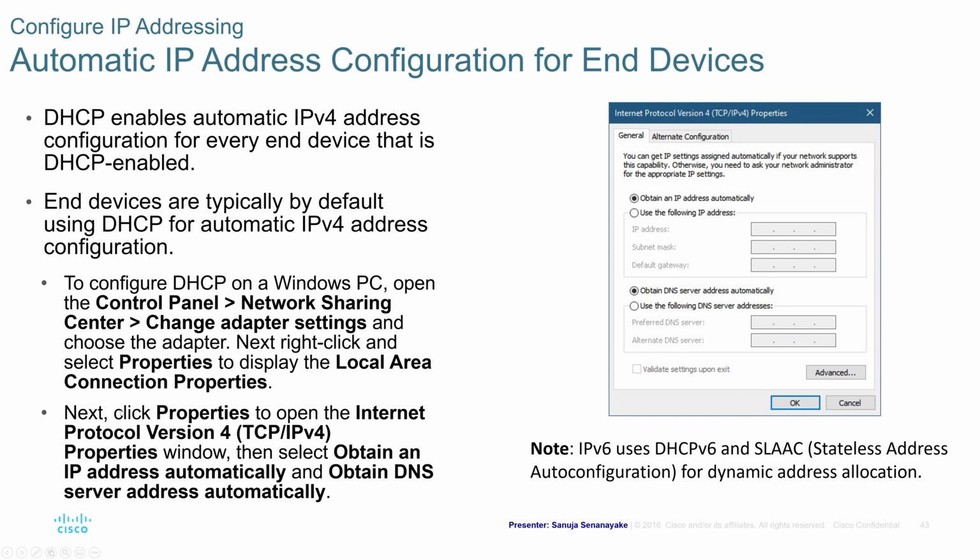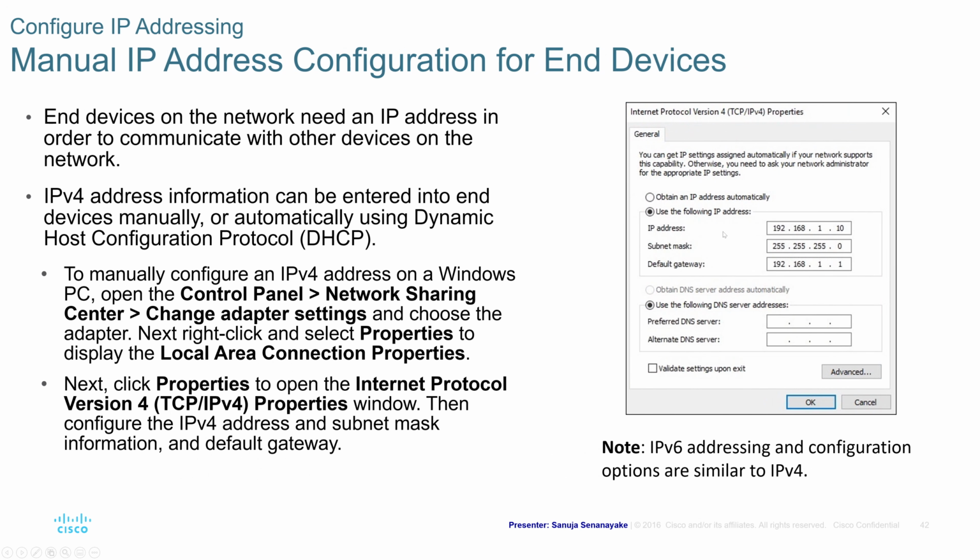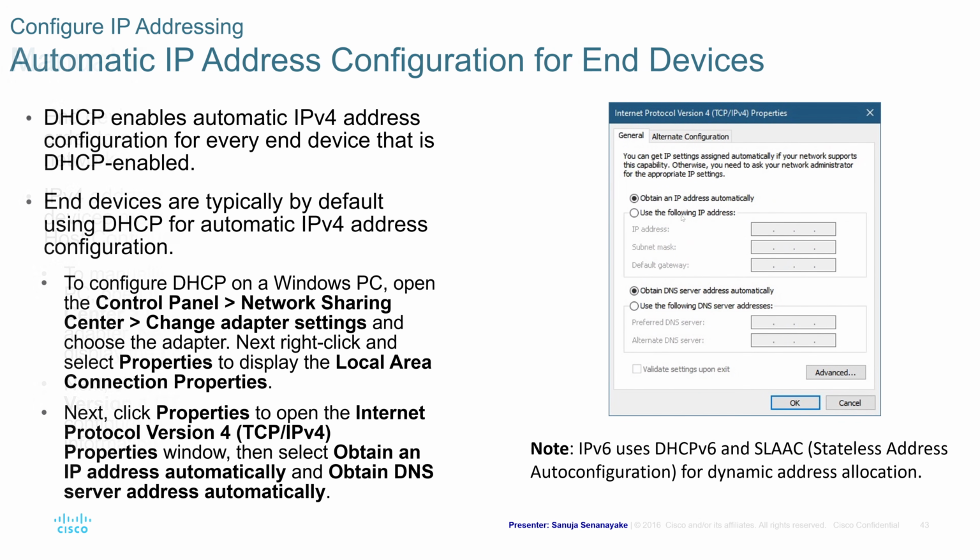And again, the same place that we went to change the IP configuration on a Windows machine is the same place you go to switch this from manual to DHCP. Please note that IPv6, however, uses something called DHCPv6 or SLAAC, which is stateless address auto configuration for dynamic address allocation.